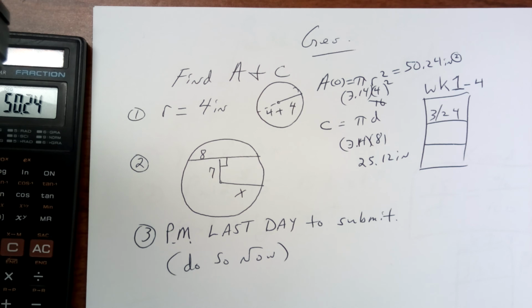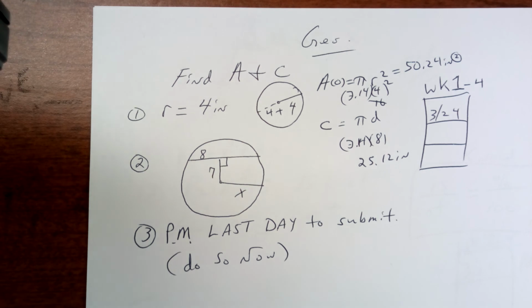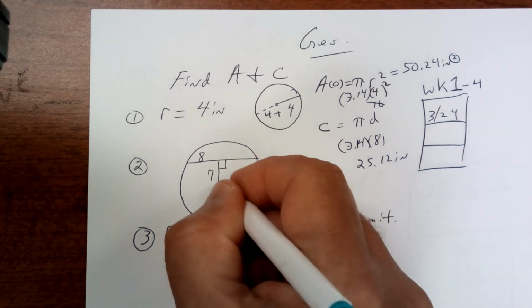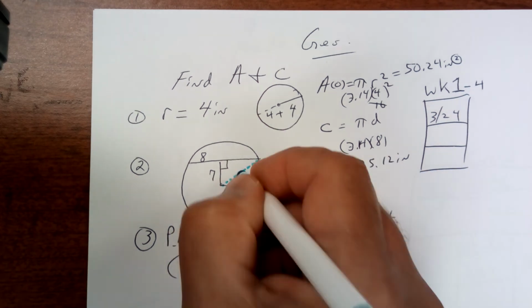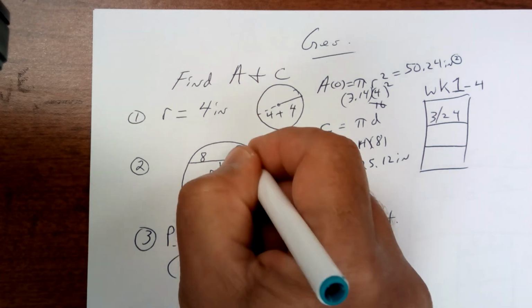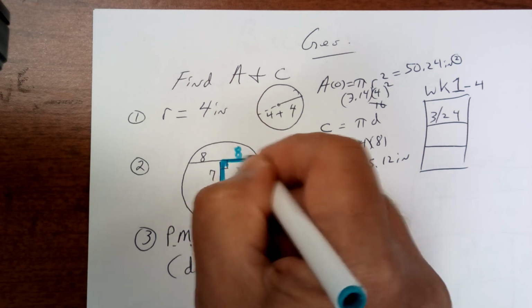All right, also this last problem here, what you're going to do is swivel this x, which is a radius, and it's going to become a triangle, like that. And then you're going to move the 8 over here. You're going to color your box and color your legs, the L, and those go together.